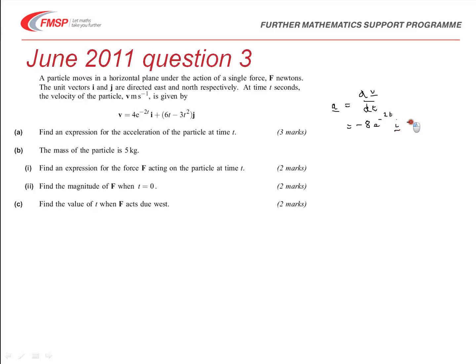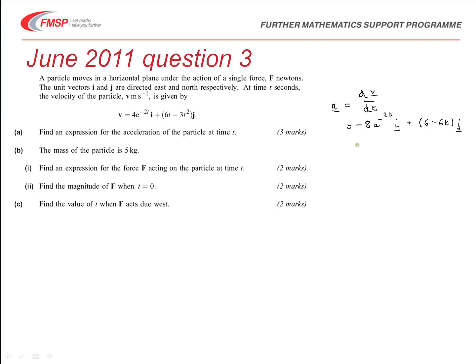Then we differentiate the second part, so the differential of 6t is 6, and the differential of 3t squared is 6t, so minus 6t, and that's multiplied by j. So there is our expression.